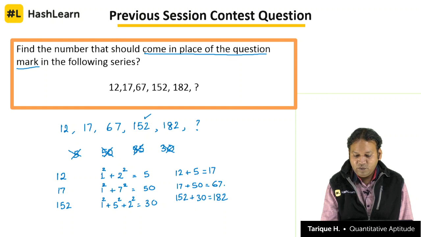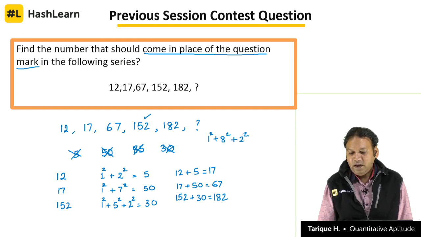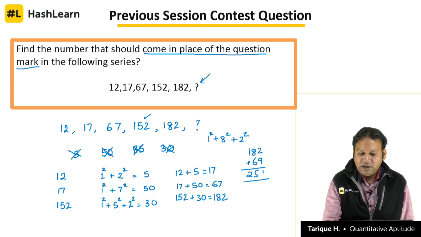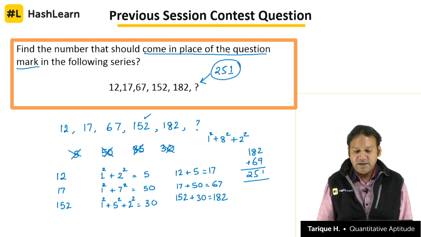The same thing if we do with 182, 1 square plus 8 square plus 2 square, 64 plus 4, 68 plus 1, 69. So what do we have to add? 182 plus 69, that is 251. What should come in the place of the question mark? 251. Correct. So the answer is 251.